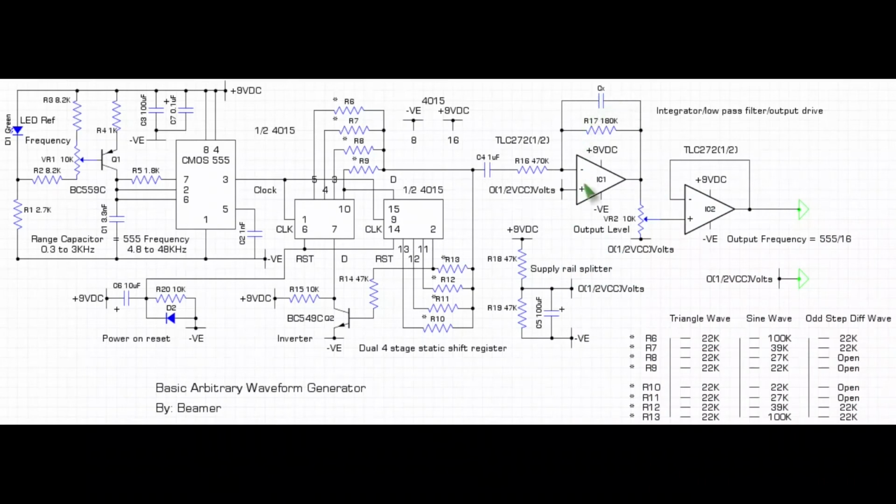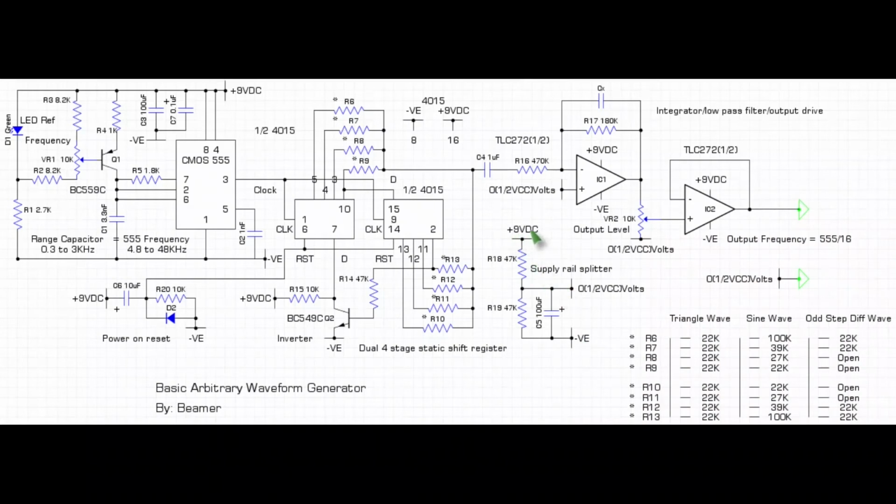The first op-amp is referenced to a supply rail splitter. So I referred to the negative here, but that is not the 0 volts as described at this pin here. The output here is actually connected to the half rail connection here.